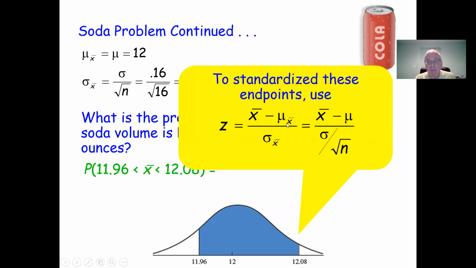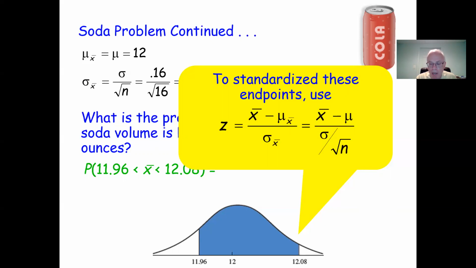Because the mean of the sampling distribution is equal to the mean of the population. So this is the Z that you can use. But since our TI-83/84 calculator does all this work of converting X bars to Z's, we don't need to use this formula. We need to know this formula in general, but we don't need to use it to do this probability question.